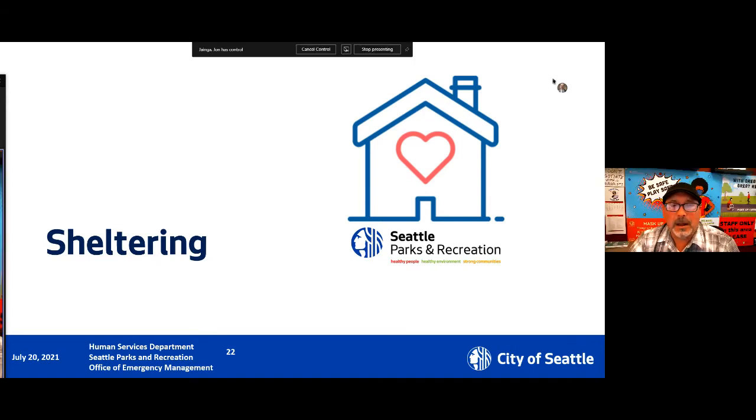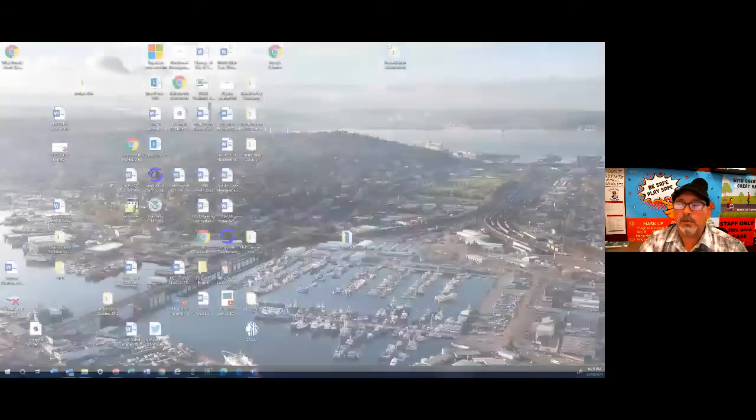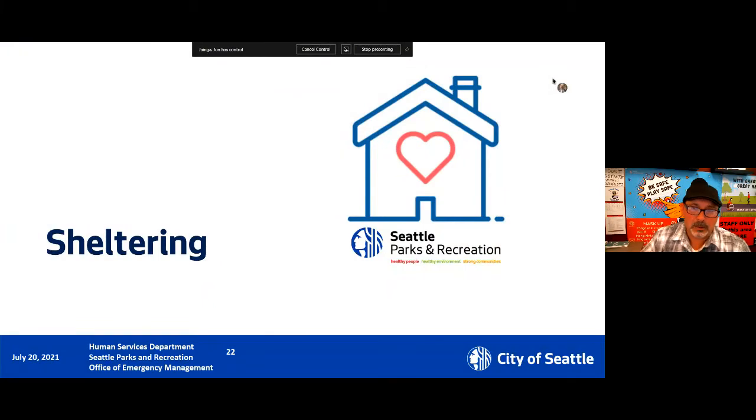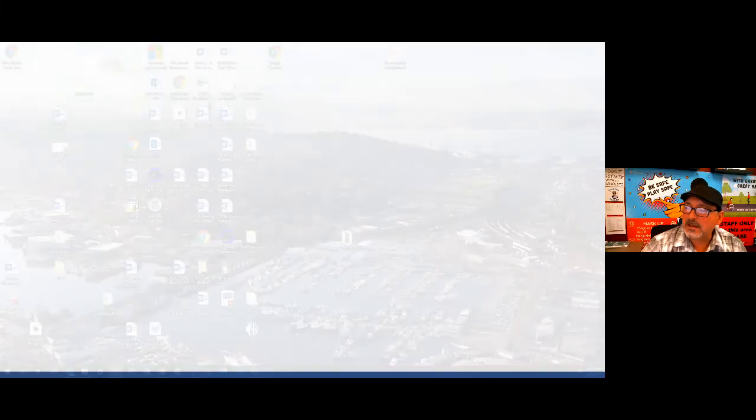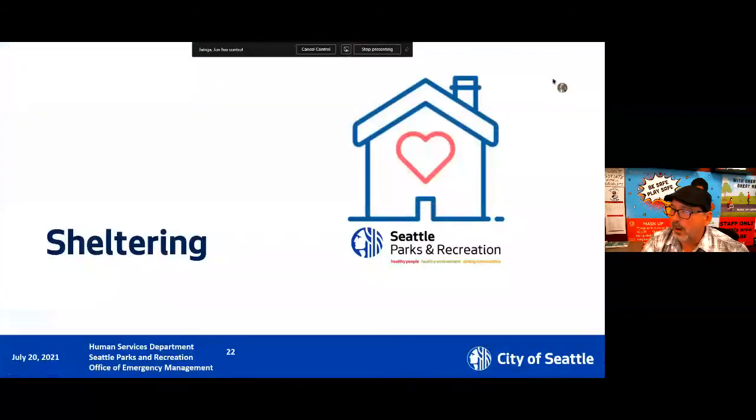Sheltering. My first slide shows a graphic on the right side. It's a house that is outlined in blue, and in the middle of the house is a heart outlined in red right above the entryway, and our logo of Seattle Parks and Recreation right below it. A little facts on our department before I start.